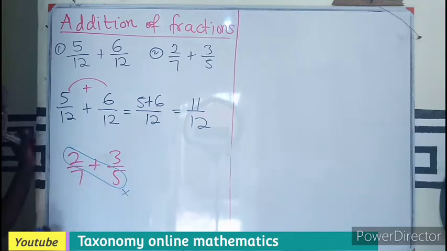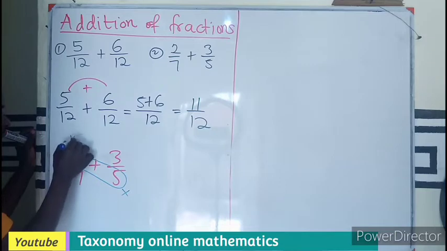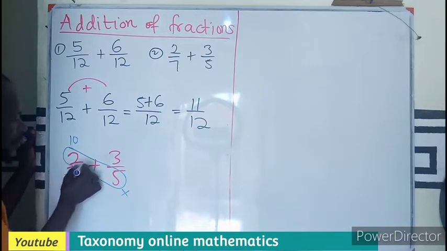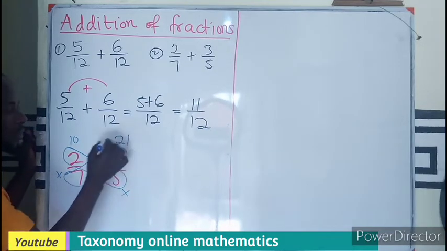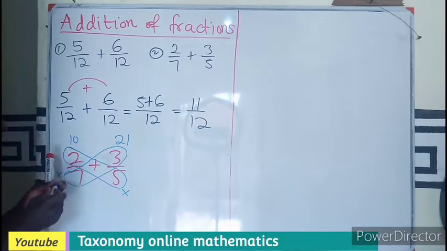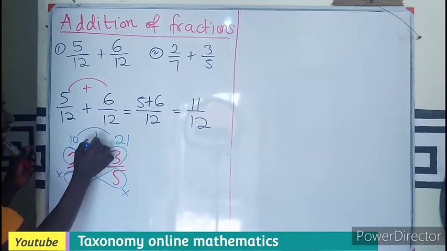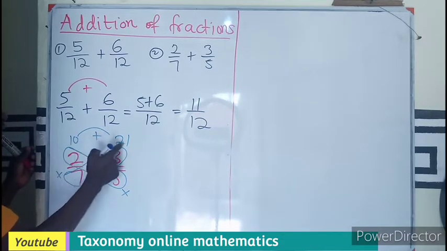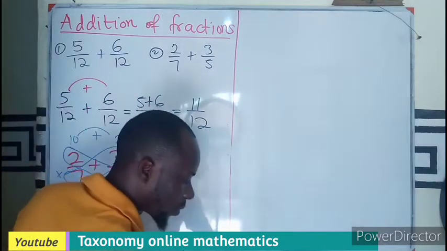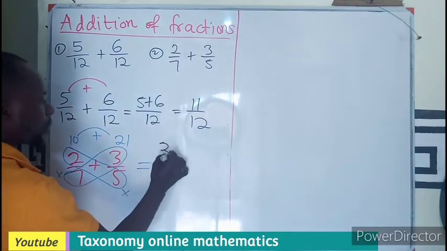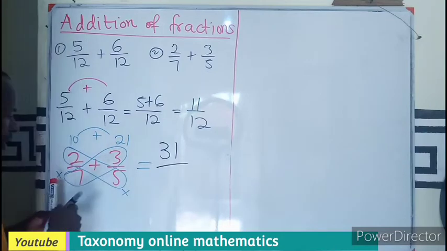We multiply them. So this times this will give you what? 10. Then likewise, we take this and multiply. We also get 21. Finally, we are going to add the two numbers that we have to get 31.